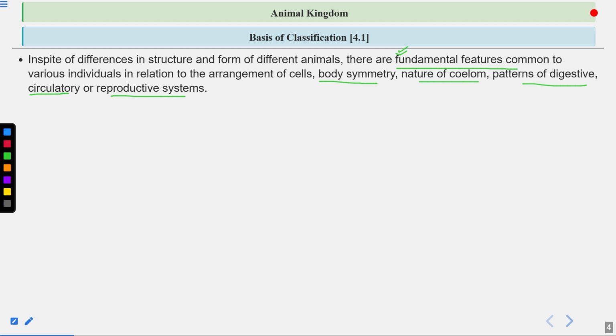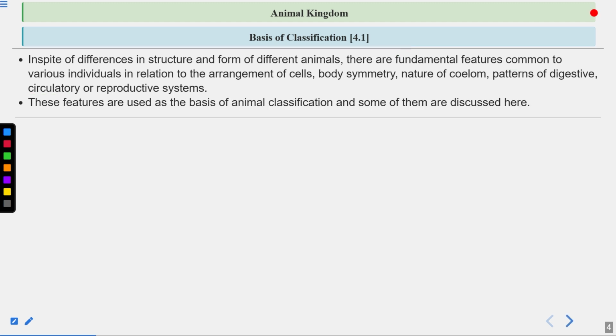Not only the fundamental features, there are some specific features also. Okay. So we will study one by one what the fundamental features are and what the specific features of a particular phylum are, right? So today we are going to study one phylum, that is Porifera. There I will tell you what the specific features are. Okay.